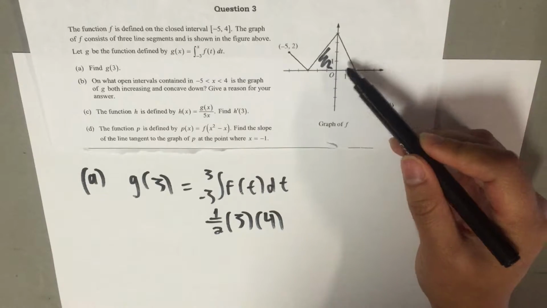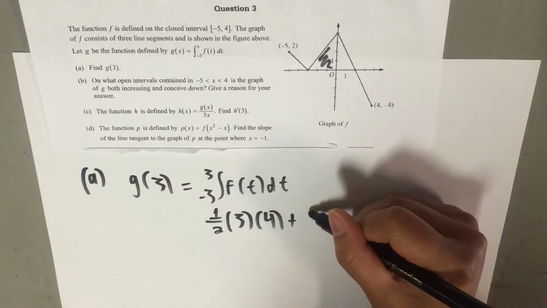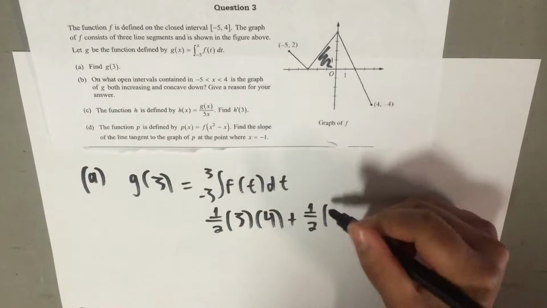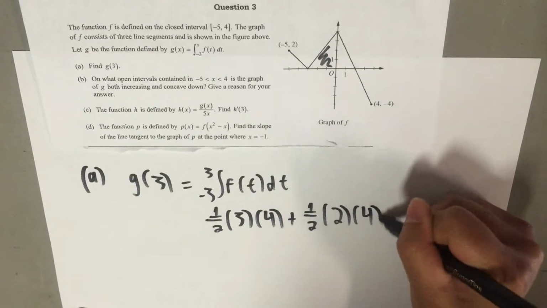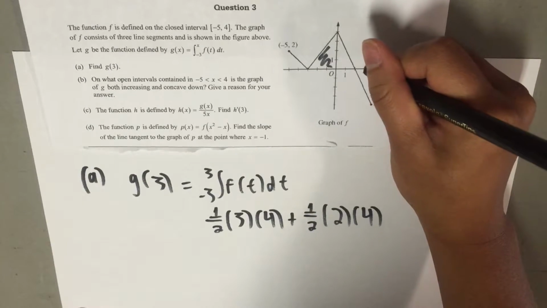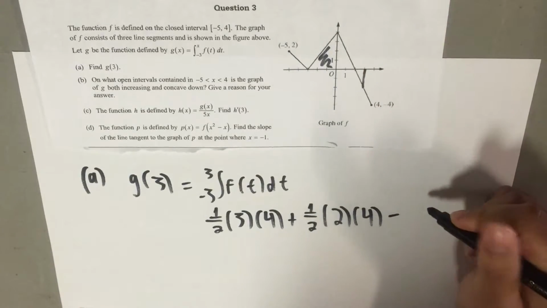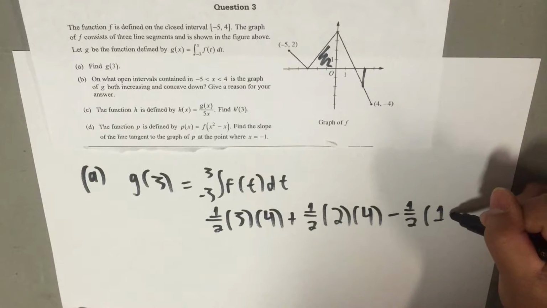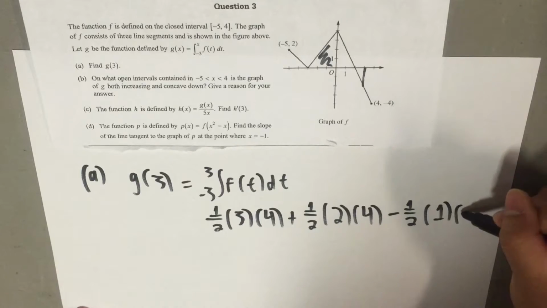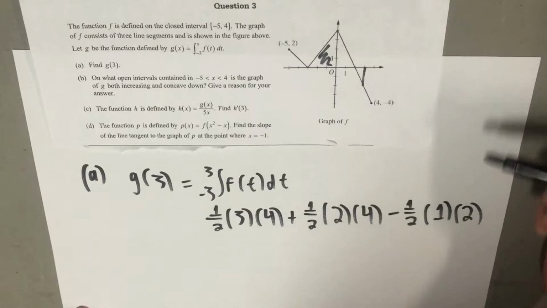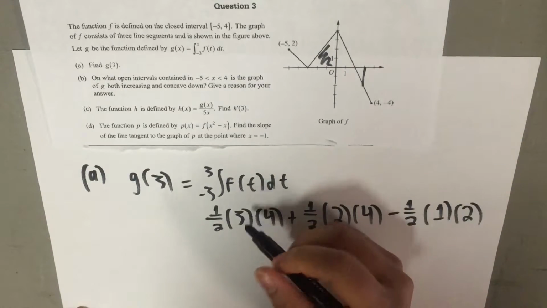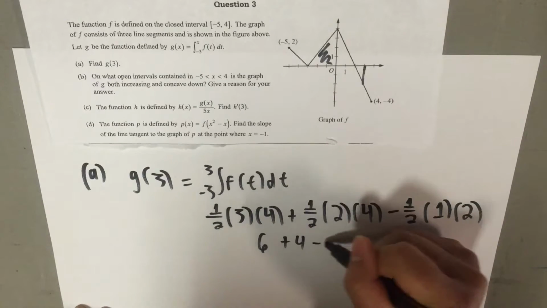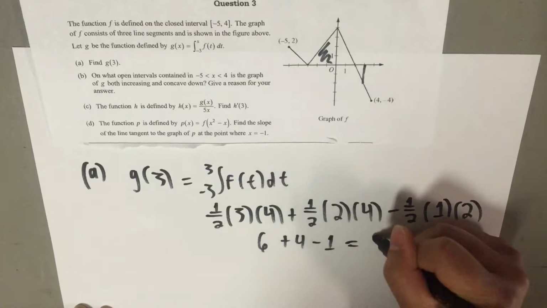And from 0 to 2, it would be 1/2 times 2 times 4, and then minus 1/2 times 1 times 2 since it's below the x-axis. And that all simplifies to 6 plus 4 minus 1, which equals 9.